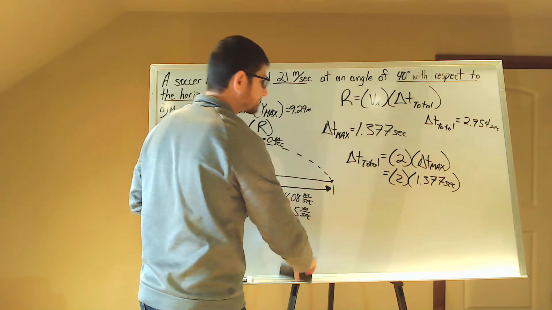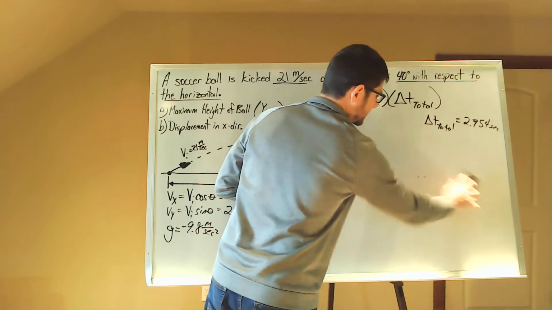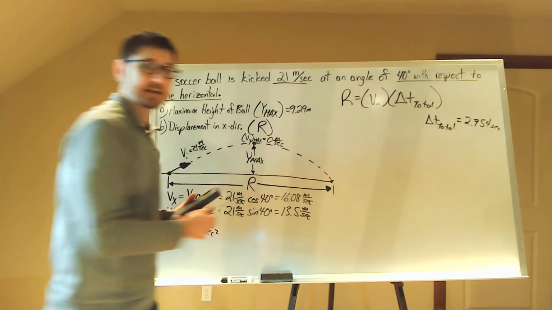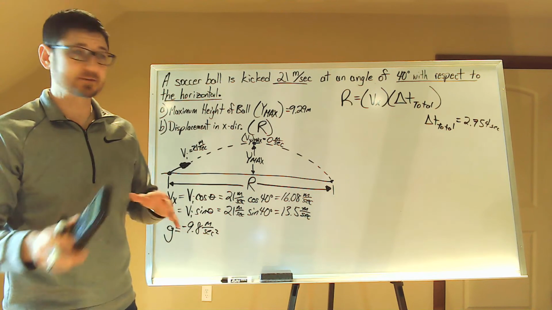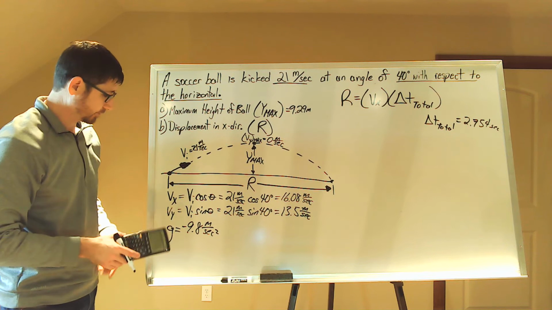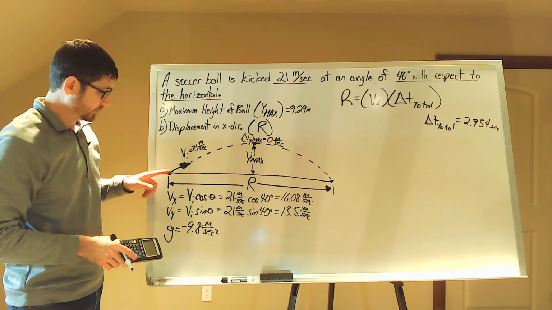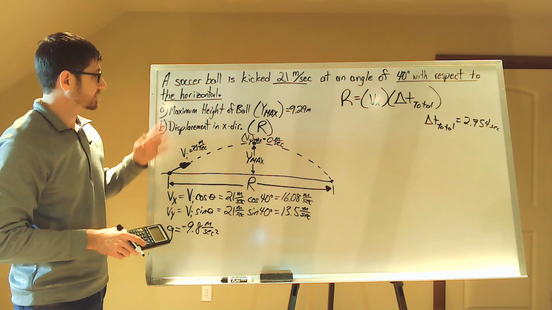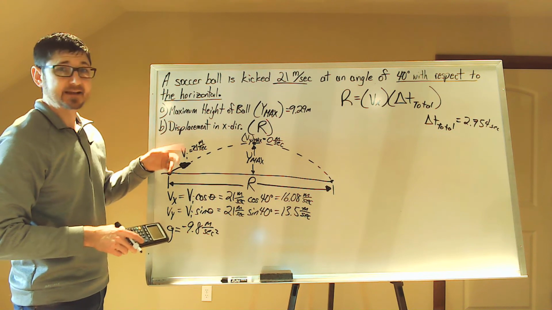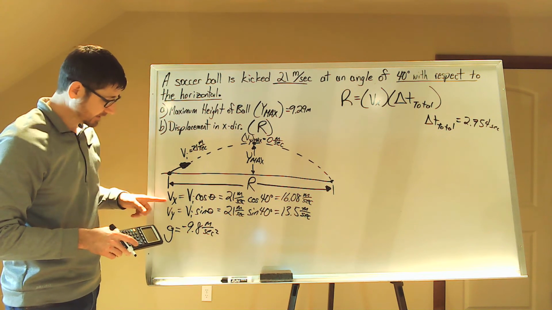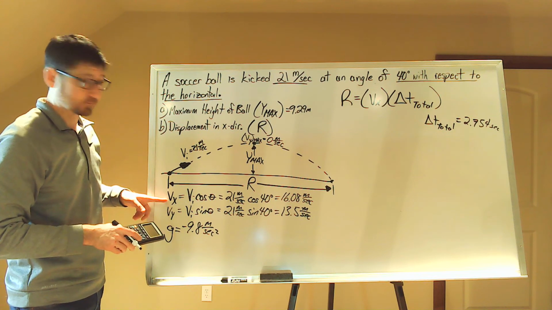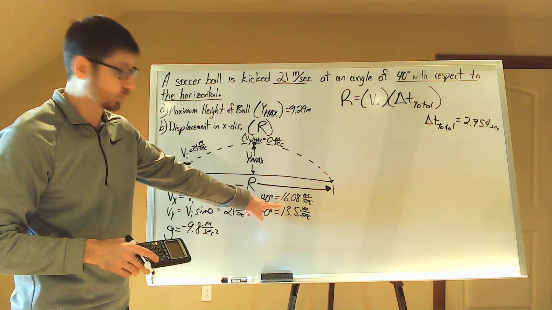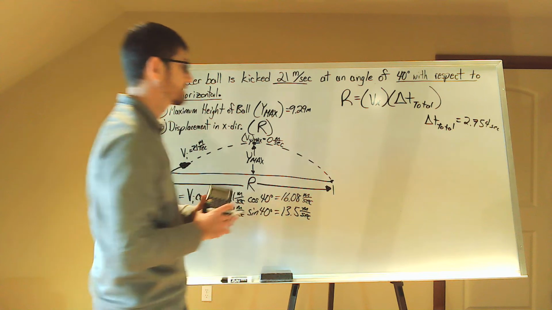Okay? Now, we have already calculated the velocity in the x direction when we performed vector resolution earlier in the problem. So right here, remember when we performed vector resolution, our initial velocity, so the person kicked it in the air at 21 meters per second, we calculated the x component of velocity at 16.08 meters per second.